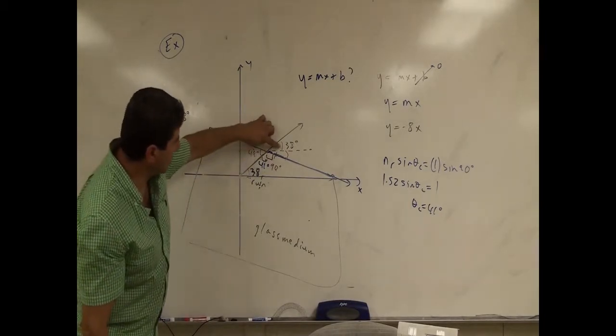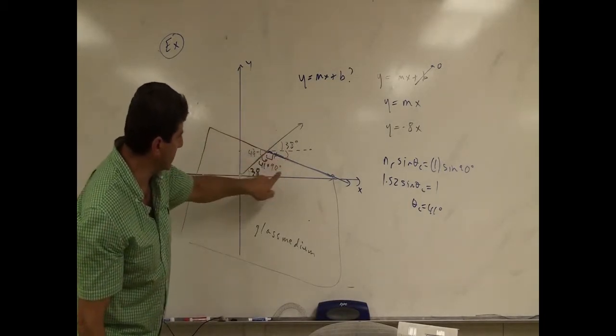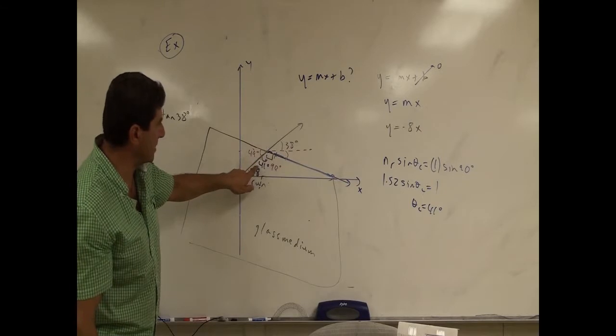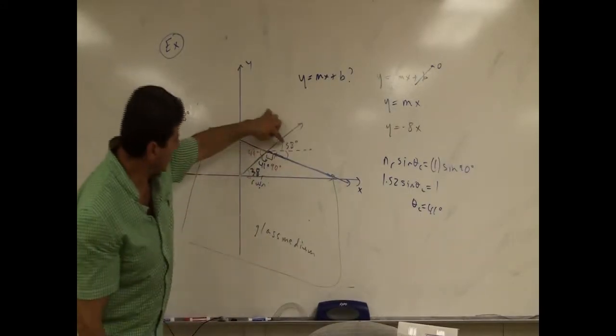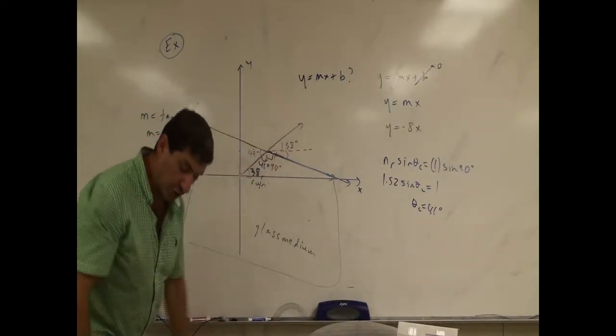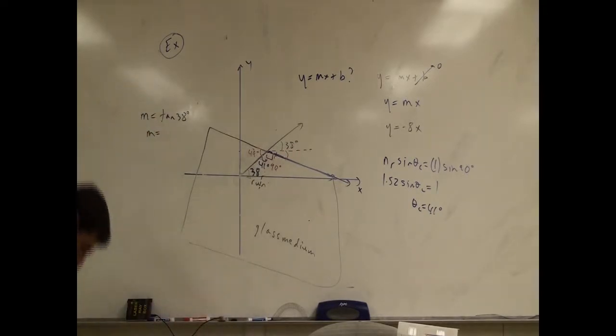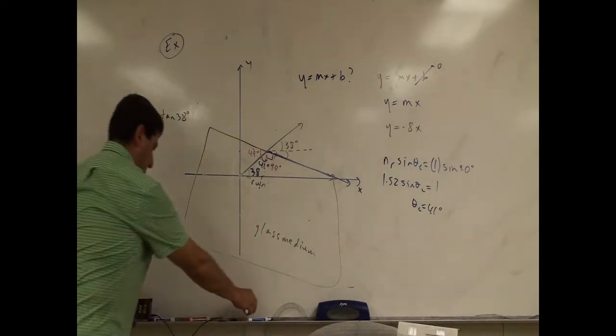So then we have to say 38 plus whatever this angle is, plus 90, plus 41 must equal 180, right? This whole thing must be 180. So quite a bit of geometry in these kinds of problems again. Okay?